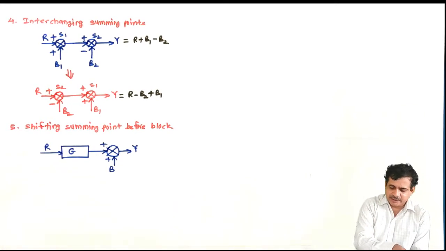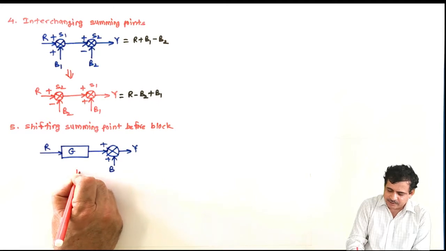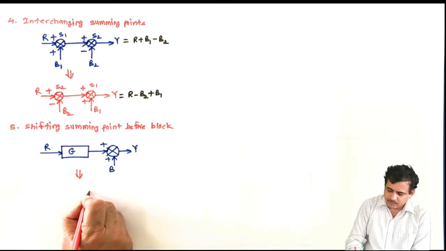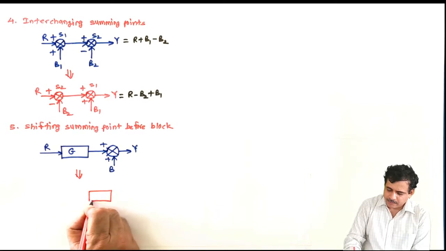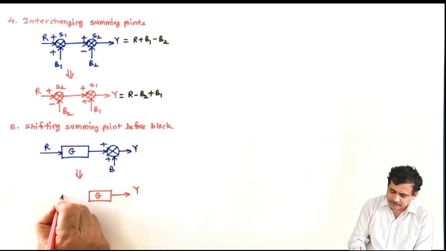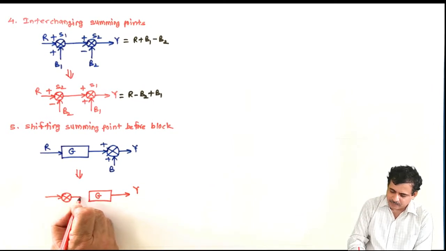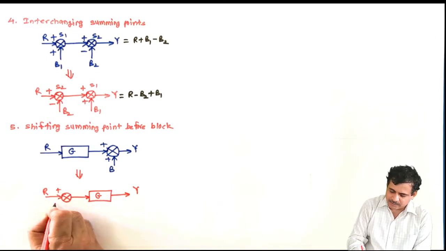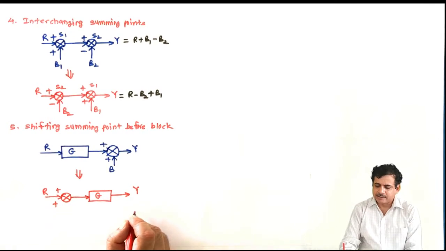So equivalently this can be shifted: the block will come here and the summing point will come here, plus. Correct.